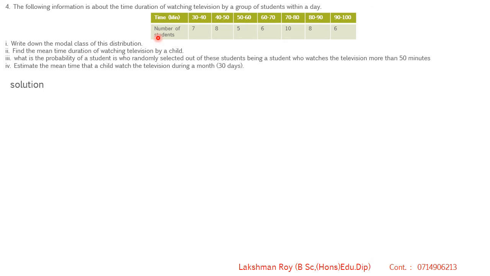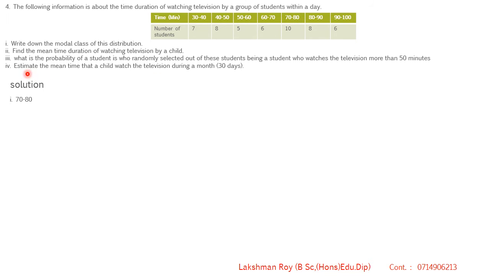Here the frequency is the number of students, and the highest number of students is 10, so that is the highest frequency. So the class interval is 70 to 80, and that is called the modal class. The class interval corresponding to the highest frequency is the modal class.